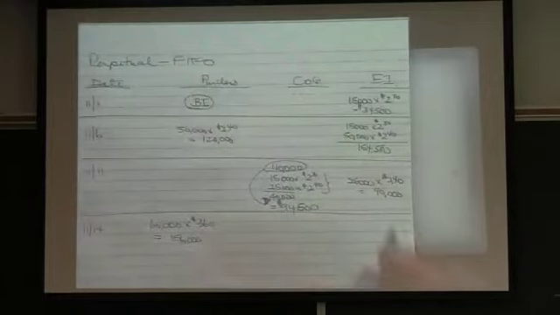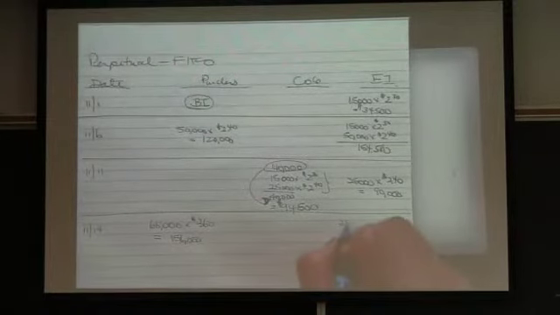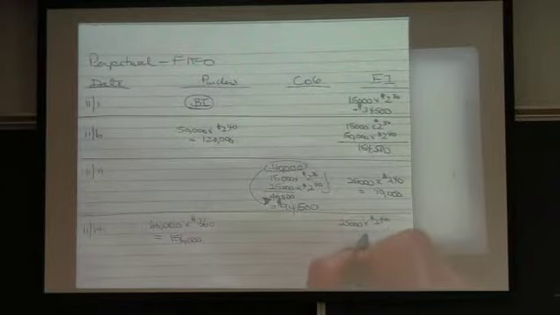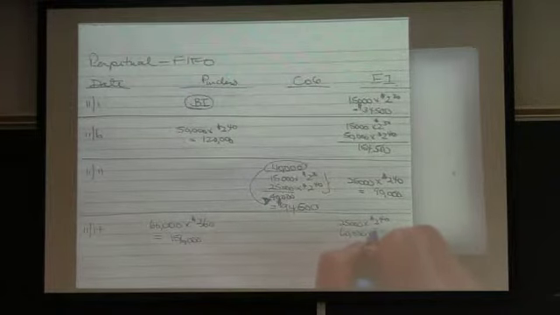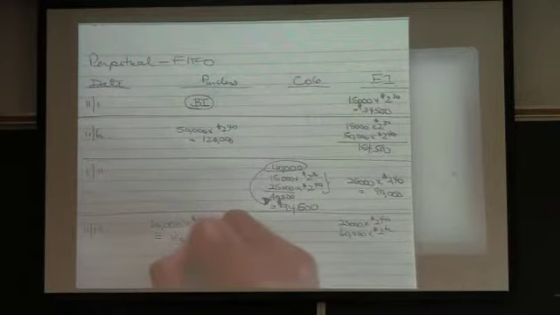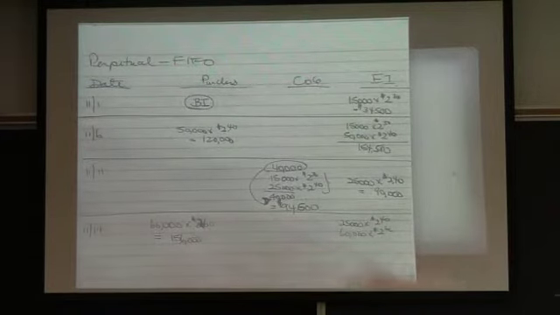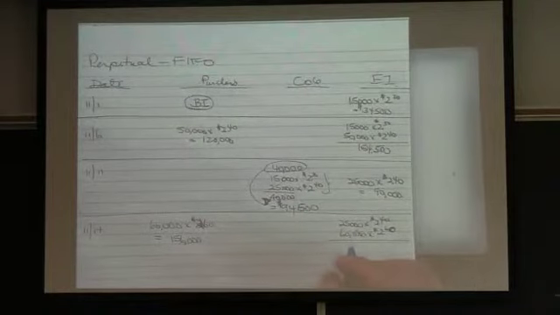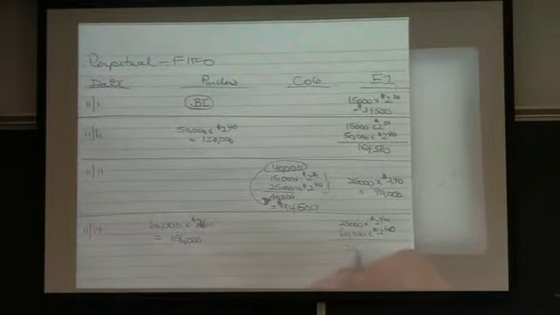So at the end, we had 25,000 units at $2.40 plus 60,000 units at $2.60 to give us altogether $216,000.